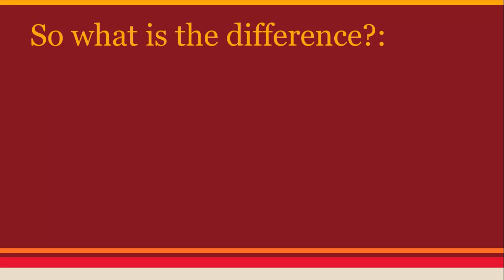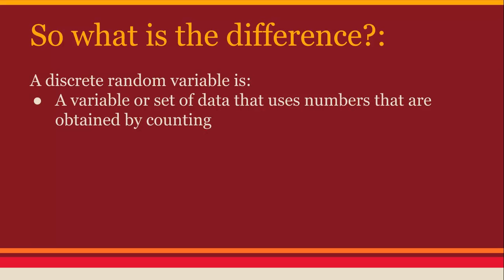So what's the difference between continuous and discrete? A discrete random variable is a variable or set of data that uses numbers that are obtained by counting. That's not just counting numbers. We typically used to say that discrete is non-decimals, continuous is decimals. It's not always true.